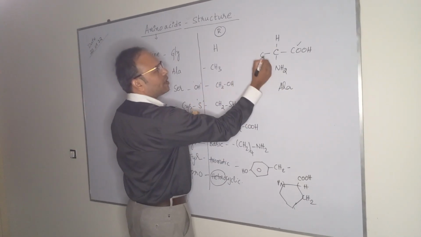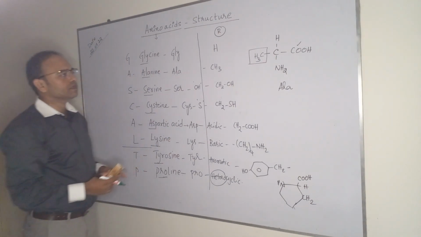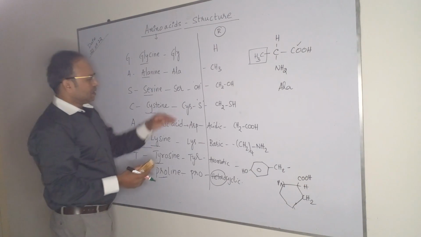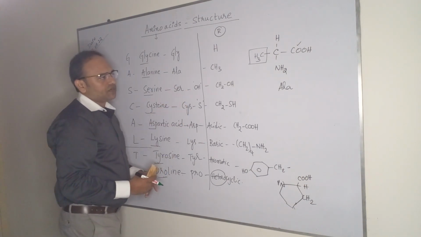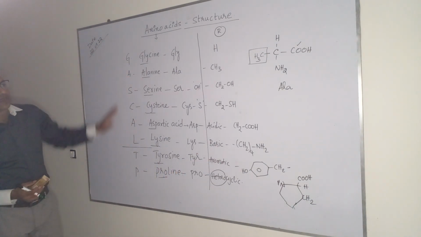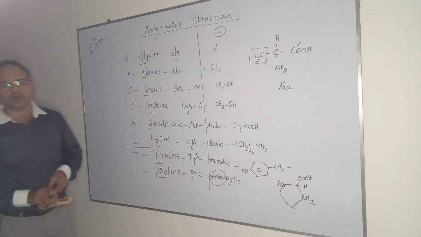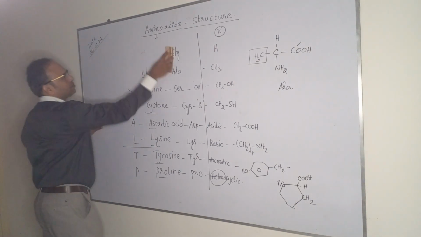So here we have to write CH3 group. So keep on changing only the R group. Similarly, serine, cysteine, aspartic acid, all these we can write the structures of these amino acids. Using this simple mnemonic, we can write these amino acids. Hope you have understood this. Now let us proceed with the remaining amino acids.